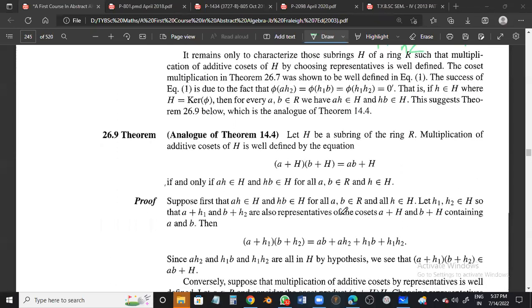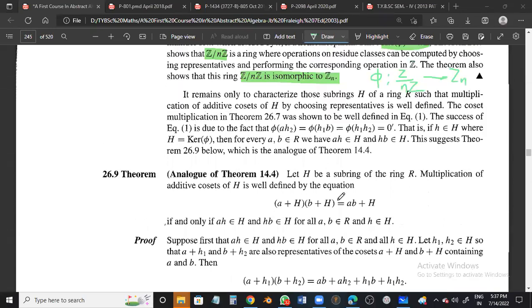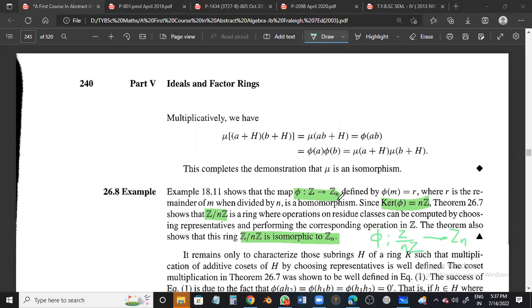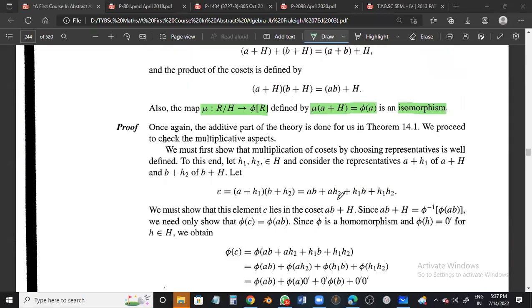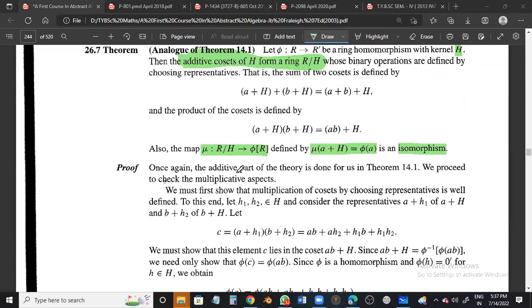So here they are giving it is isomorphic to Zn. So what is the map? What is the isomorphism?